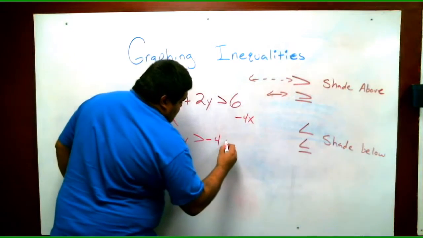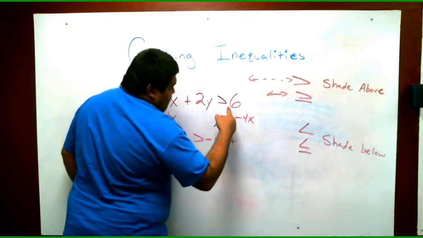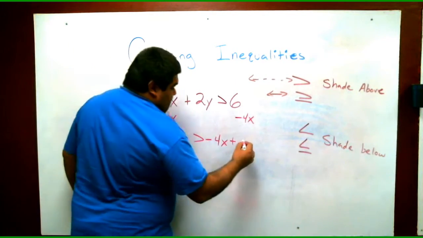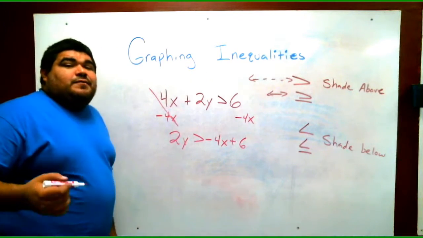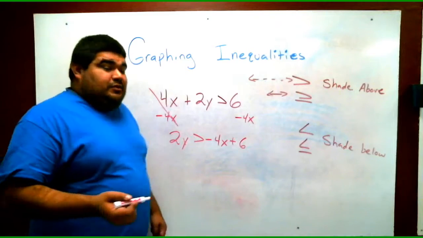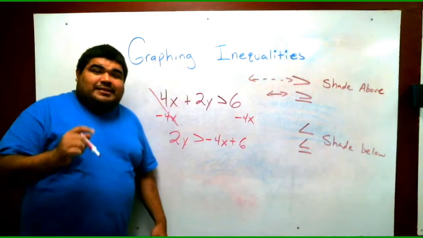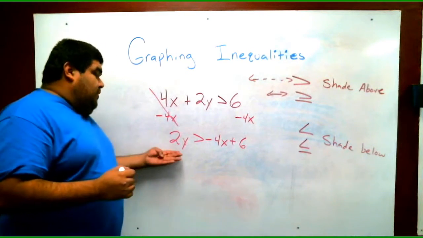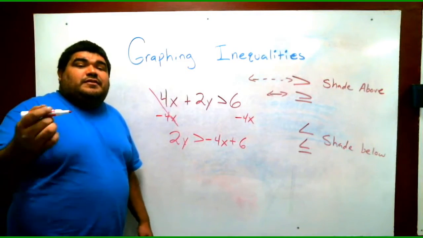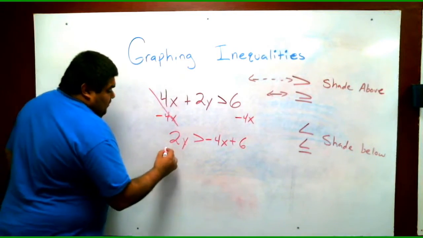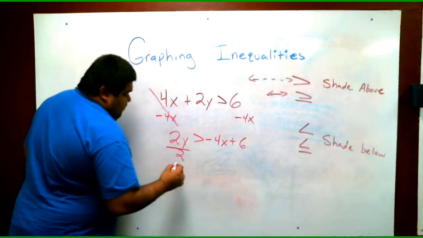Negative 4x plus, because 6 was positive, 6. Remember, we're solving for y. We still don't have y alone. We have one last step to do. Whenever you have a number with a variable, the opposite of multiplication is division, right? So we divide by 2.